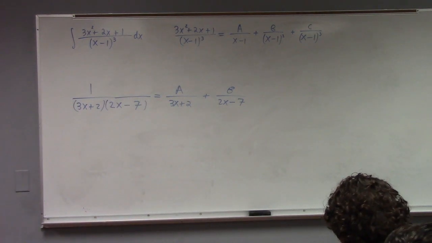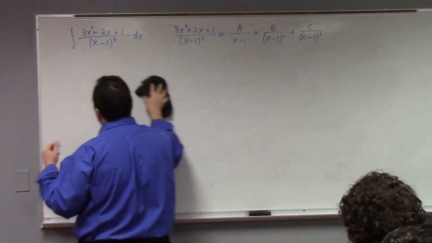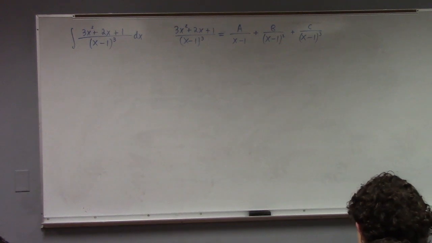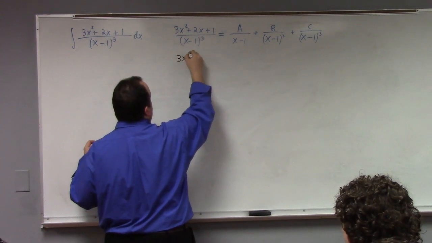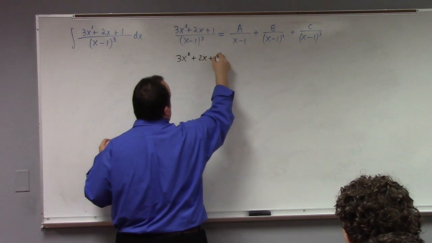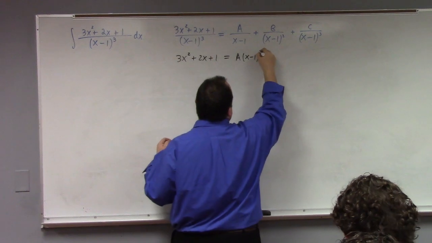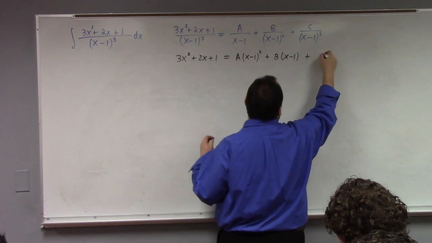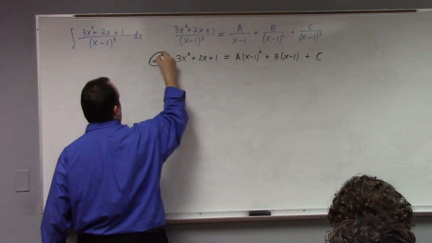All right, so let's do this thing. First order of business, multiply by the denominator. Great questions today, guys. It's good to ask questions. I'm going to call that thing Pac-Man.